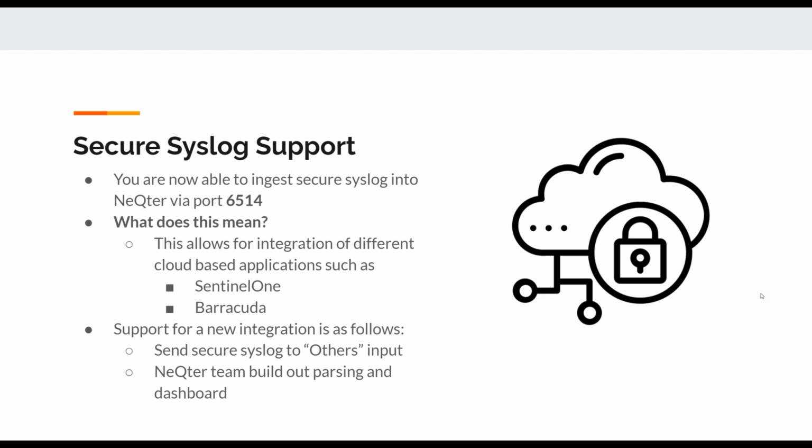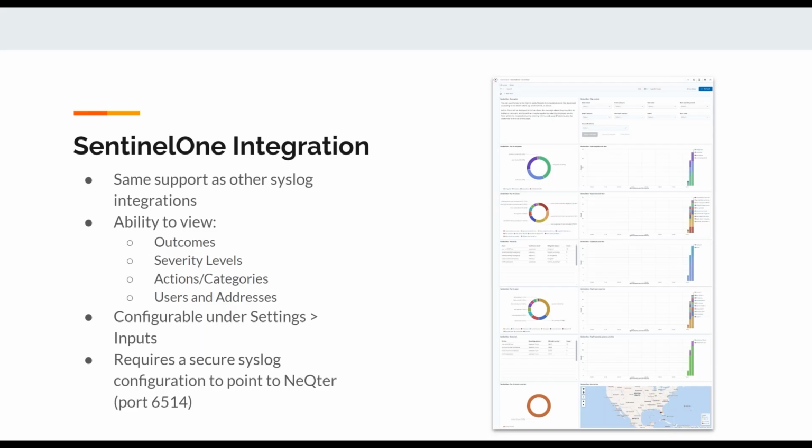And we recently added Sentinel-1 to update 220, which will be coming out shortly. As I just mentioned, there is secure syslog output from Sentinel-1 pushing right into your NeQter. It's going to be in the inputs: settings, inputs, and syslog.